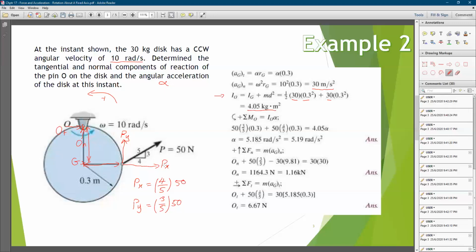How about Px? It is the same, because Px will also rotate the disc counterclockwise, so that's why we have a positive sign here.